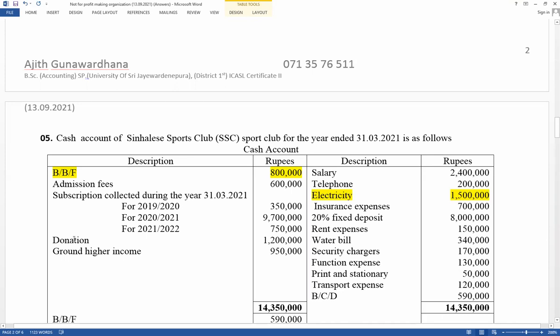Think donation as well as ground hire income; both should be included under income. Donation should be considered as income as well as ground hire income. It is given 1,200 as well as 950 under income. Record them as income.